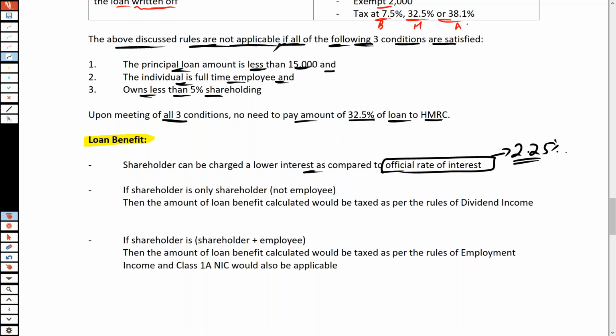So when the closed company is providing a loan to an employee, interest would be charged on such loan, and that interest could be lower compared to the official rate. The company can give this loan to the shareholder, let's say at 2%, at 1%, or at any agreed percent. It's not that the company would always make the loan to that shareholder at the official rate. The loan can be given to the shareholder at a lower rate as compared to the official rate.